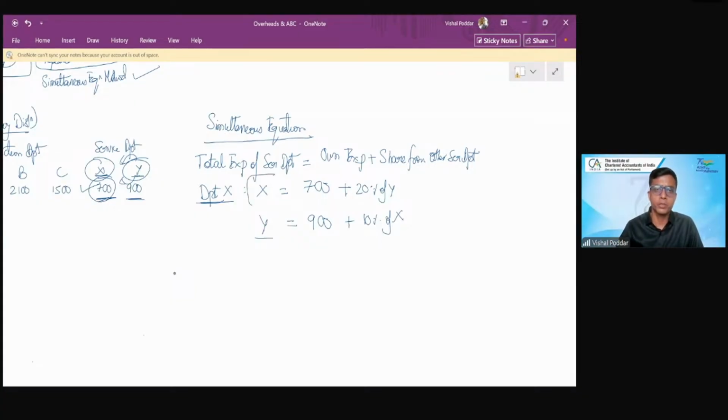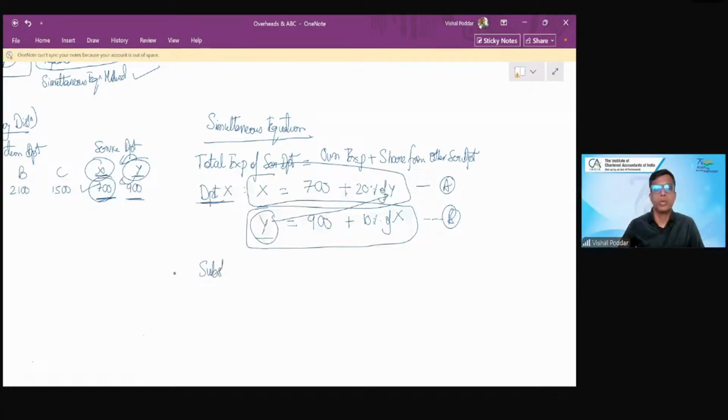Now, these become my simultaneous equations. Call it A, call it B, call it 1, call it 2. Now, what we do is we simply substitute the value of Y here.